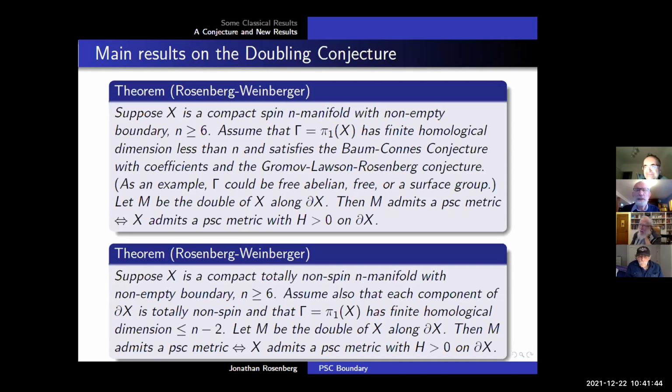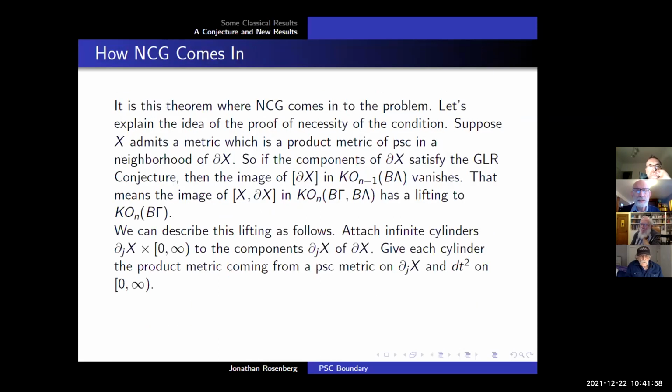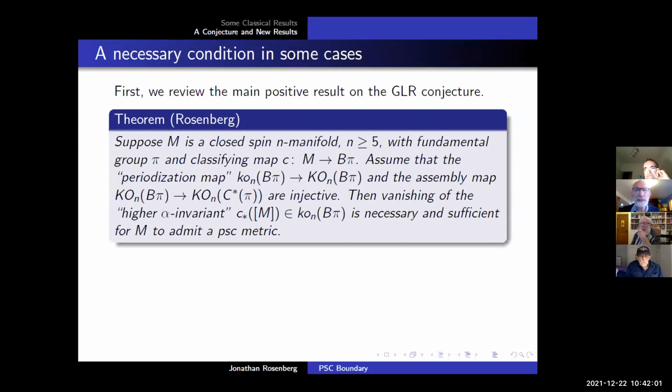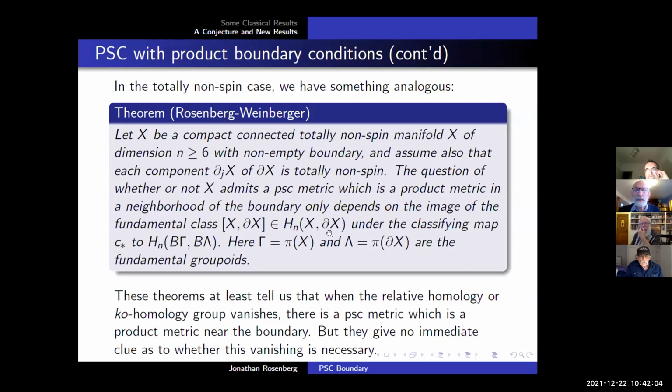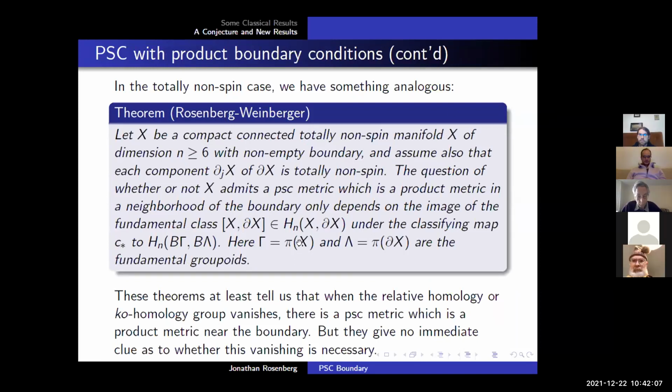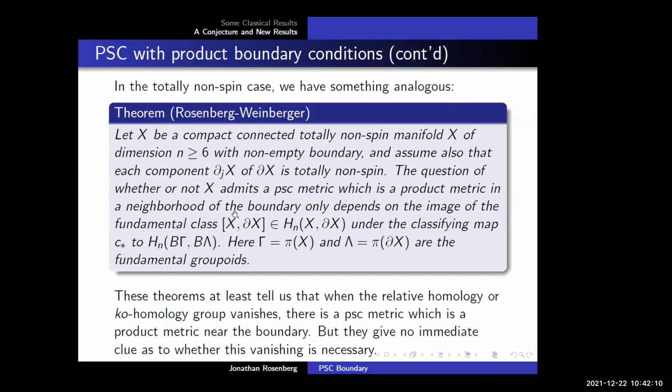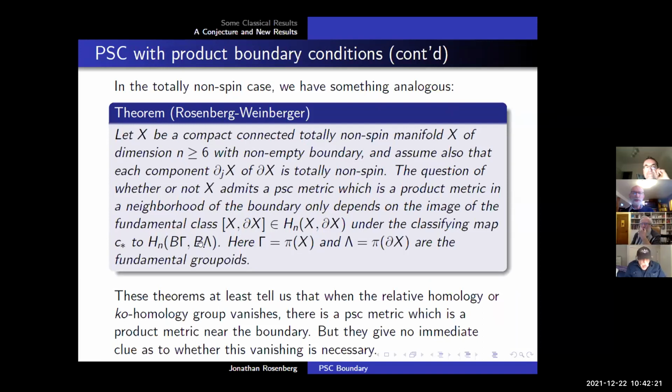Jonathan, can you tell us how finite homological dimension comes into all this? Yeah, so where did the homological dimension come in? Well, in the totally non-spin case, that was fairly evident because remember, vanishing of the image of this fundamental class in here is sufficient to have positive scalar curvature with product type boundary conditions.